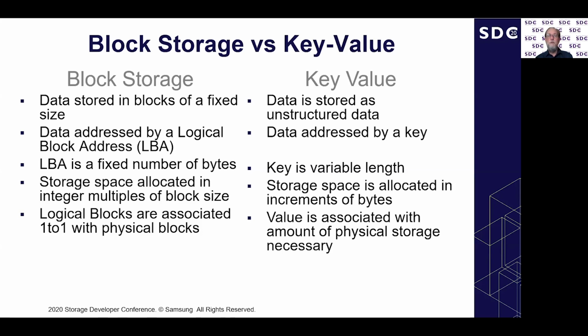That mapping could change. In key value, the value is associated with an amount of physical storage necessary that has nothing to do with a block size. Again, you could store 32 bytes. The mapping is done within a mapping table that maps your key to point to some physical storage where your value is stored.